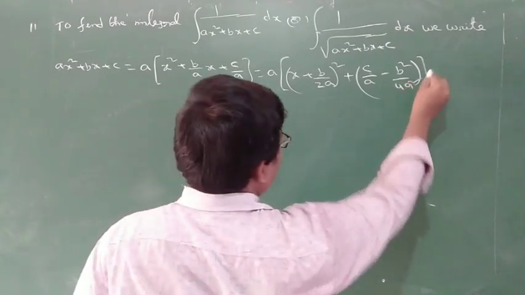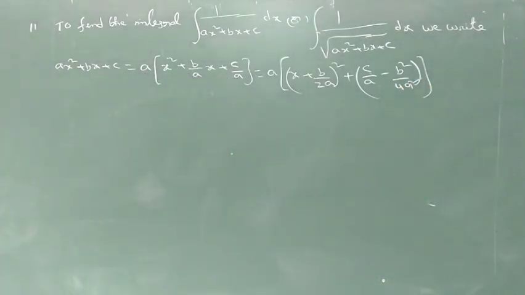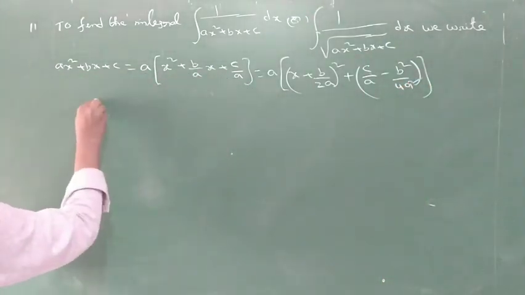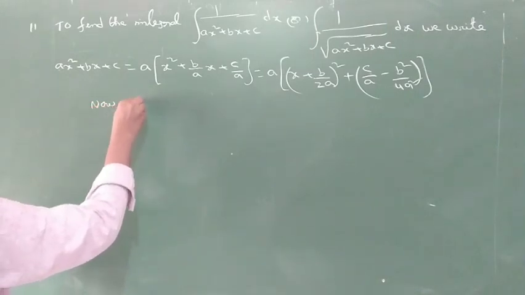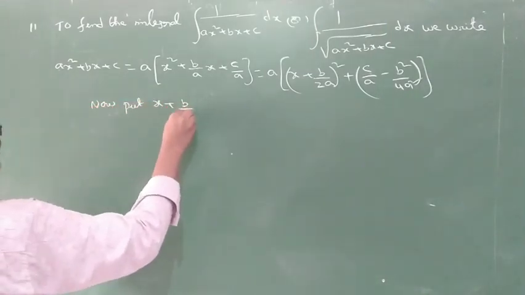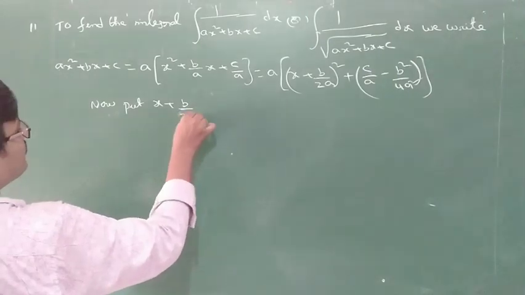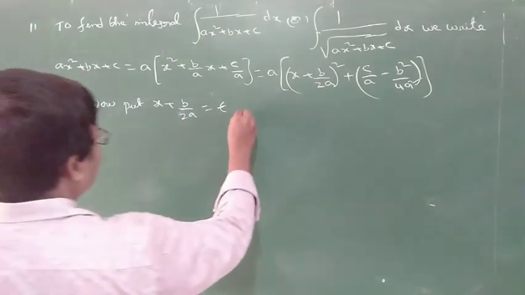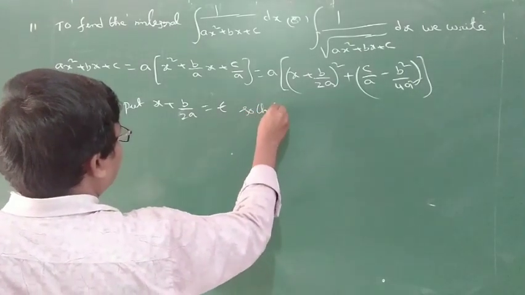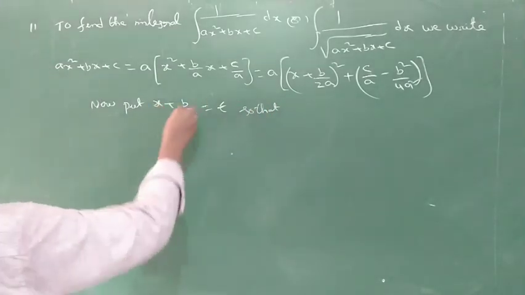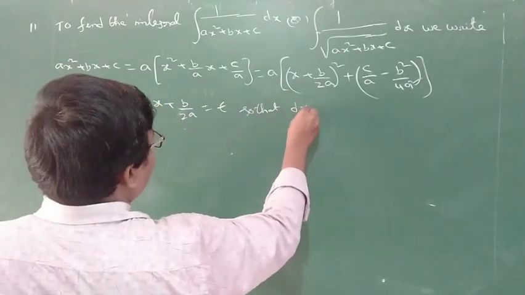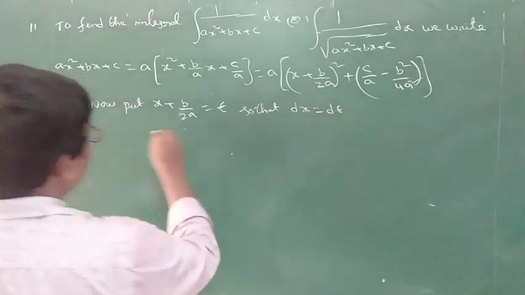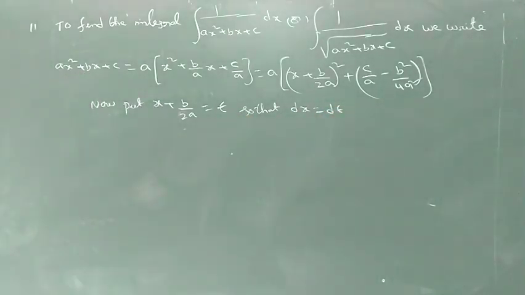Now put x plus b by 2a equal to t, so dx is equal to dt. The derivative of x is 1, so dx is equal to dt.